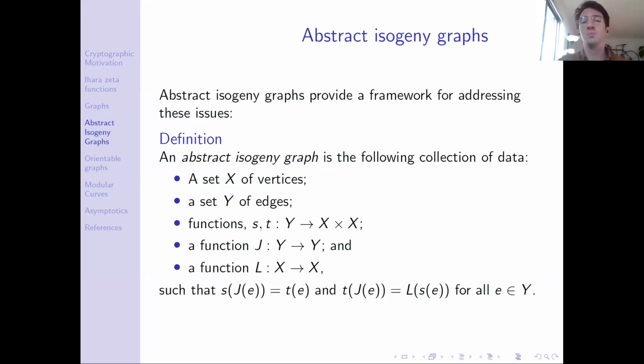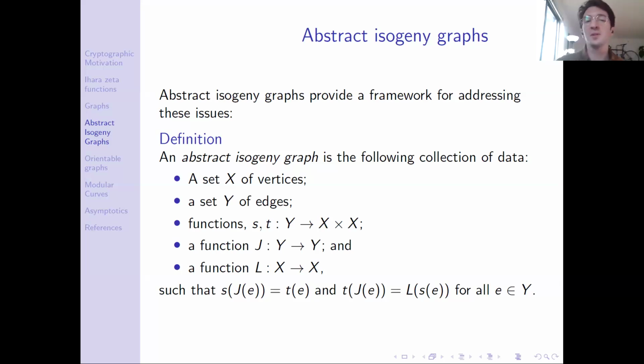And I'll motivate why we need that to capture the kinds of properties that we want in a couple of slides. But then the requirements on these J and L functions, instead of requiring that J is a fixed point free involution that swaps sources and targets, what we require is that the source of J of an edge is the target of an edge, and that the target of J of the edge is this L function applied to the source.